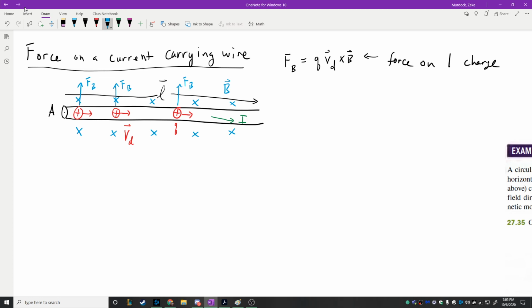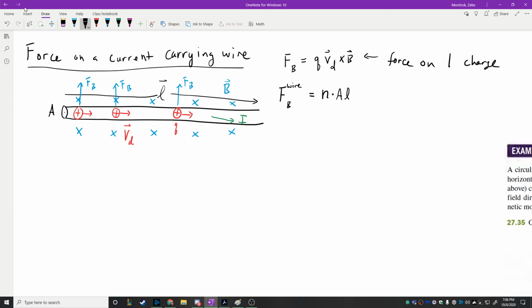So to find the force on the wire, the magnetic force on the wire is going to be equal to, well, we've got a ton of these particles. When we talked about this before, we said we can use the symbol little n to represent the number of charges per unit volume. If I multiply that times the volume of my conductor, which in this case is A times L, that gives me the total number of charges.